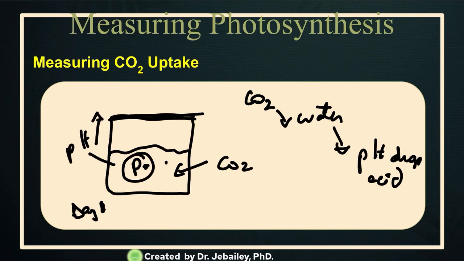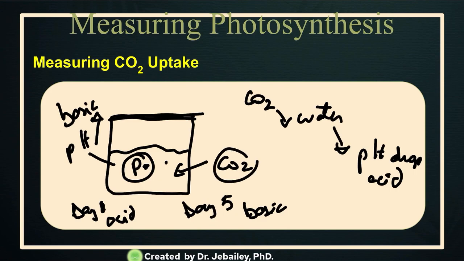The pH is rising, so it's becoming more basic. So in the beginning, the water might be acid, but then by day 5, the water becomes basic. What does that mean? That means the CO2 was absorbed by the plant, so there is less CO2 in the water, and that means the water had become more neutral. So this is one way to see if the CO2 has been absorbed by the plant.